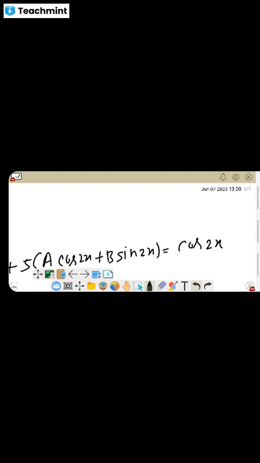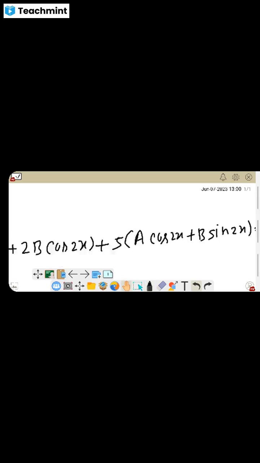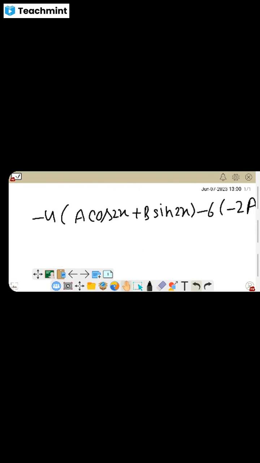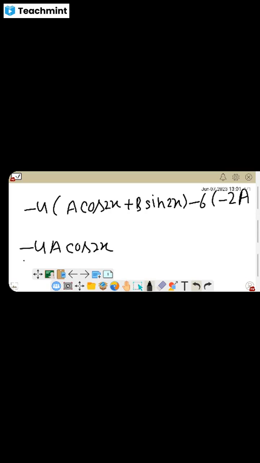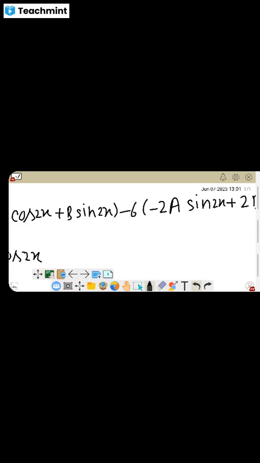Now let us simplify. Here minus 4a cos 2x. We can take terms of cos together and terms of sine together.